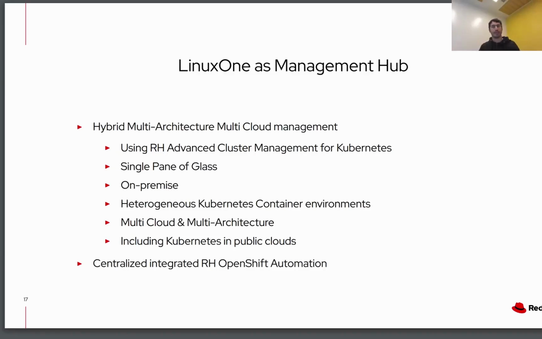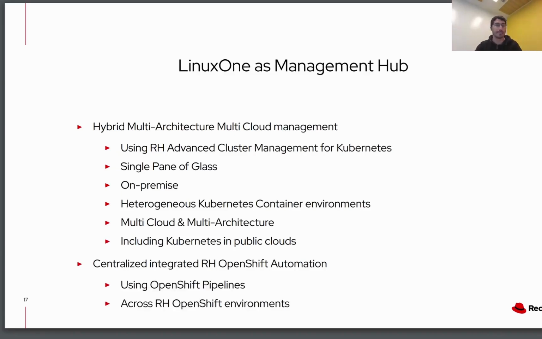And another aspect is to put all the automation, for instance OpenShift pipelines, across multiple OpenShift clusters or other kinds of Kubernetes clusters, and still have all the pipelines running or, better said, managed on this management hub.